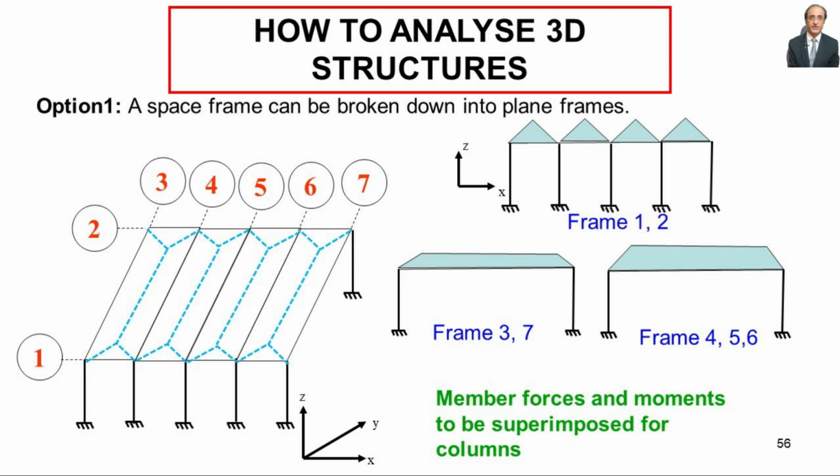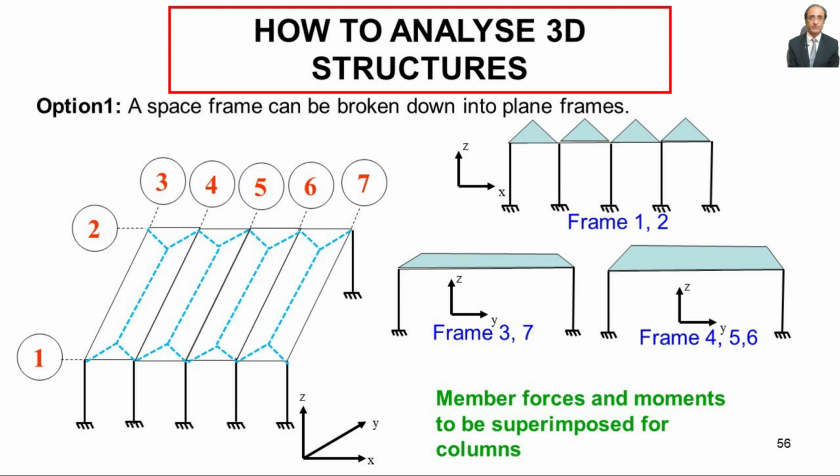For example, frames 1 and 2 span in planes parallel to the global XZ plane, so their columns shall develop bending moments about the global y-axis. Similarly, frames in the other direction, namely 3 to 7, they are spanning in planes parallel to the global YZ plane. Hence, their columns shall develop bending moments about the global x-axis.